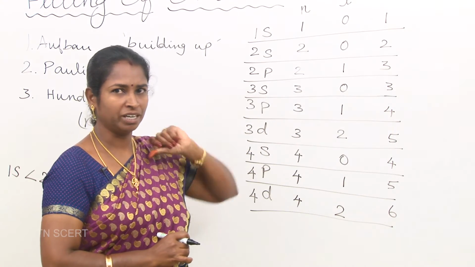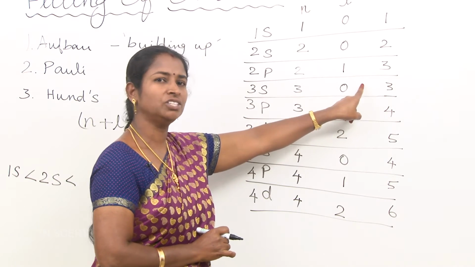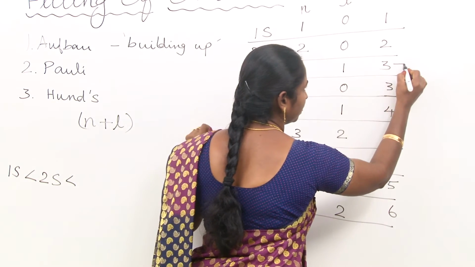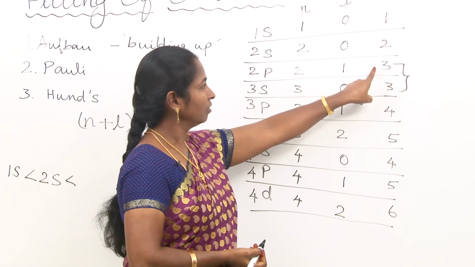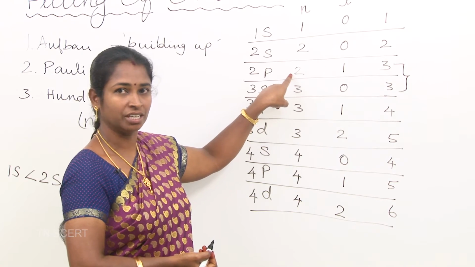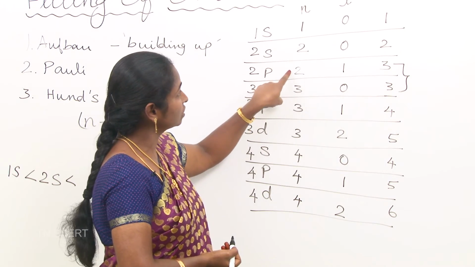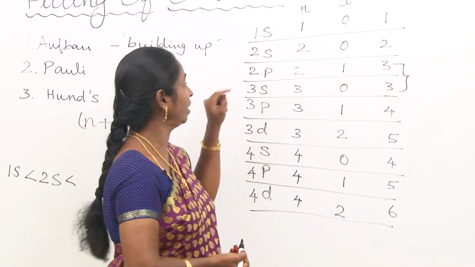Now, you can raise a question: here, 2 n plus l values are the same, so which orbital is of lesser energy? If 2 orbitals have the same n plus l value, the orbital which has the lower n value corresponds to lower energy. Here which possesses lower energy? Yes, the lower n value is for 2p orbital, hence 2p orbital possesses lower energy.